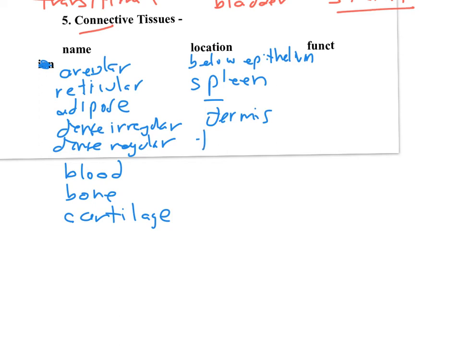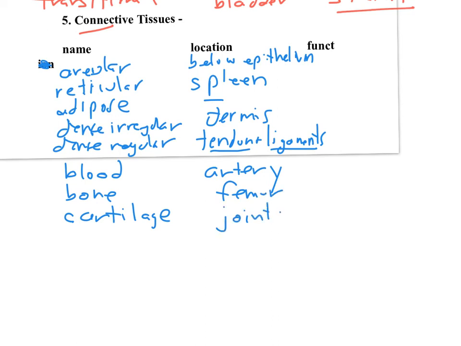Dense regular tissue is found in tendons and ligaments, which are subject to pulling forces. Recall that tendons connect muscle and bone, and ligaments connect bone and bone. Blood is housed within your blood vessels, such as an artery. The femur would be an example of a bone, and cartilage is found at your joints.